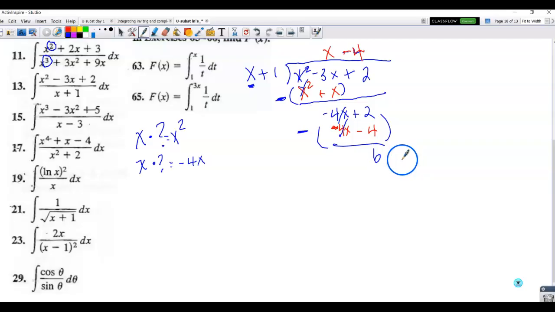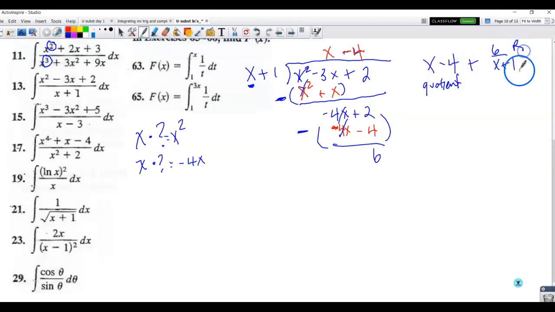So that is my remainder. So what I've now done is I've said this quotient is equal to x minus 4, that's the quotient, plus, remember your 4th grade math, you take the quotient, the remainder, over the divisor. Okay, so this is the quotient that I got.